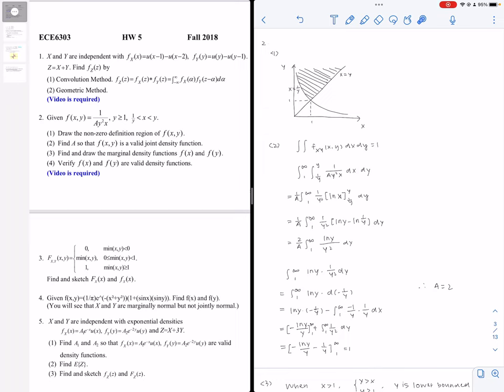And that is to say we need to find out the defined area. So we need to find when y is no less than 1 and x is between 1 over y and y.